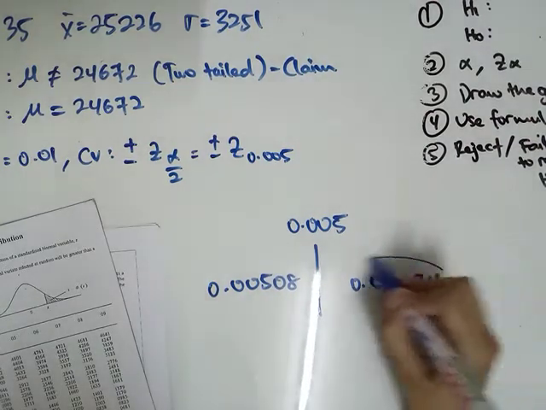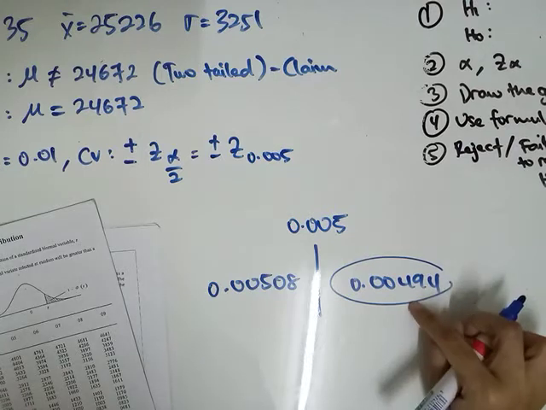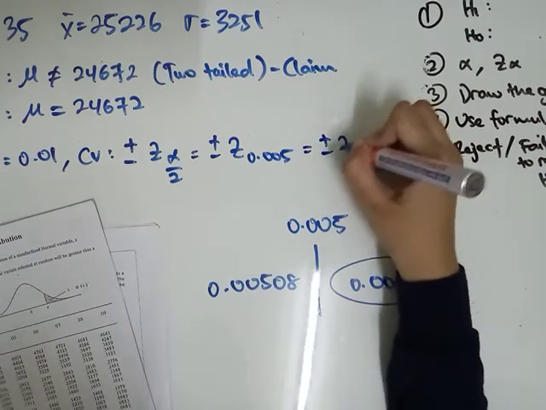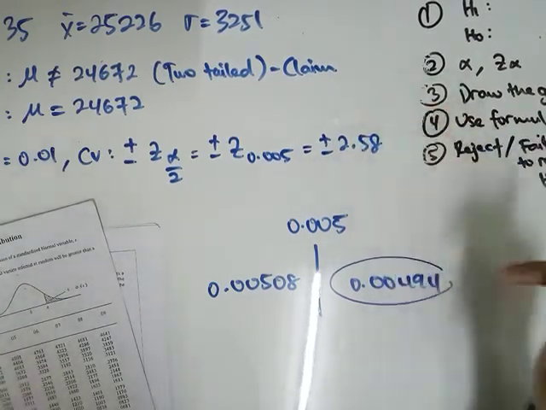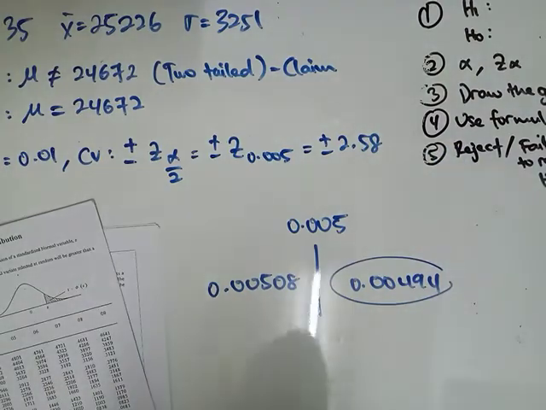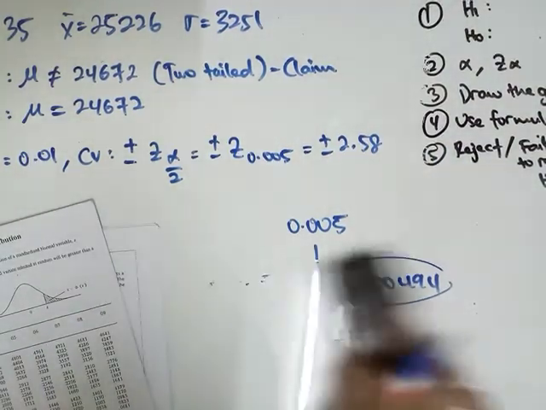So this is the closest one. So the Z value is 2.58, positive negative 2.58. Okay, I have shown this example before for the critical value, for the Z value. Okay, 2.58.